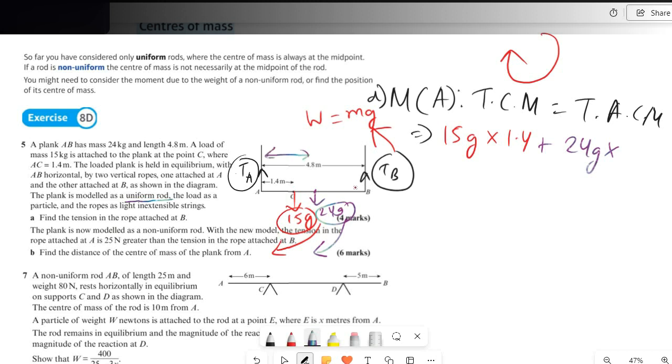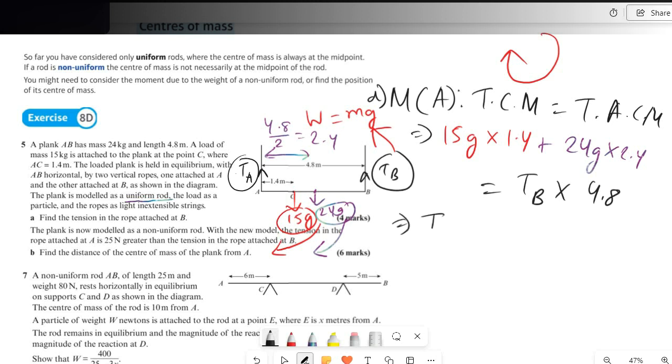Since the total length was 4.8, this is going to be 4.8 divided by 2 because it's the midpoint, so it's going to be 2.4 meters. And this is going to be equal to the total anti-clockwise moment, which, as I discussed, is due to the tension at B multiplied with 4.8.